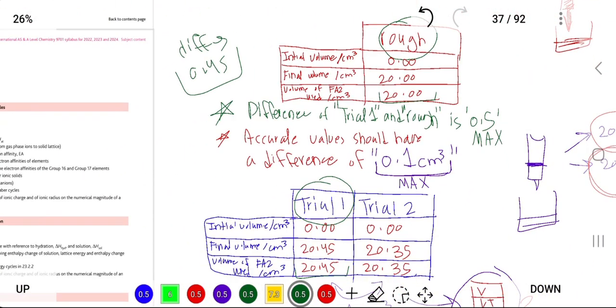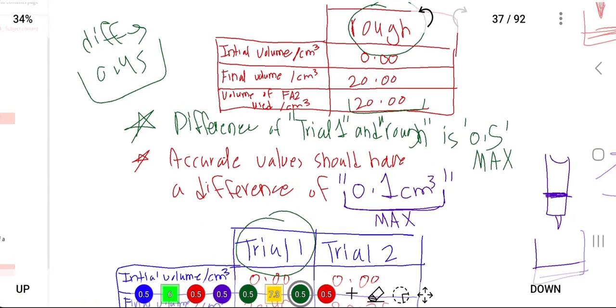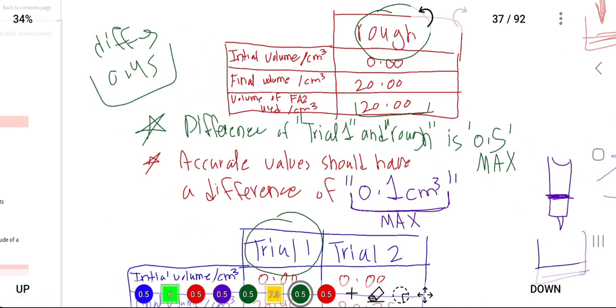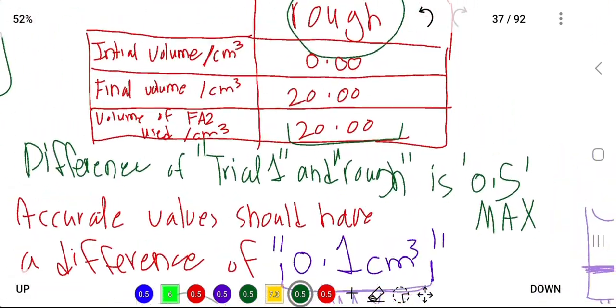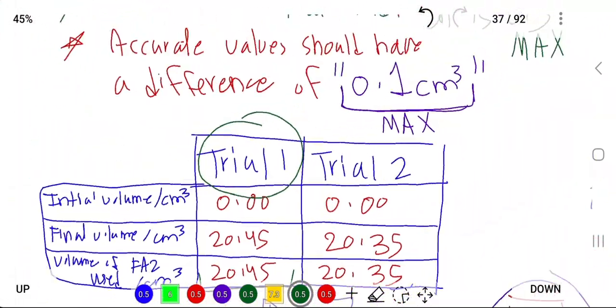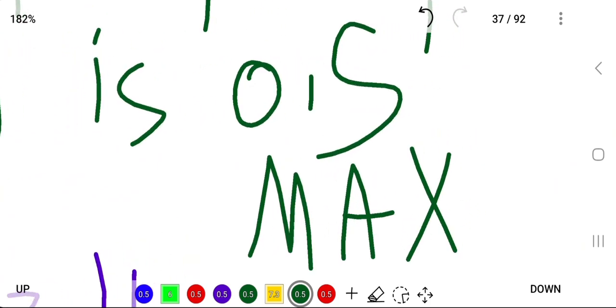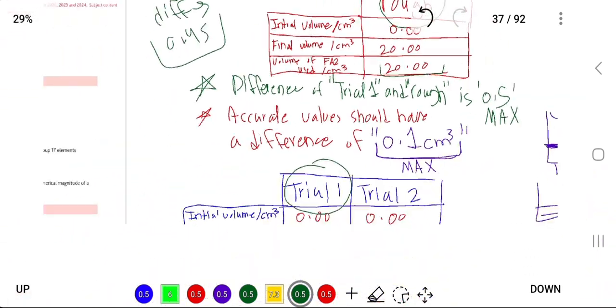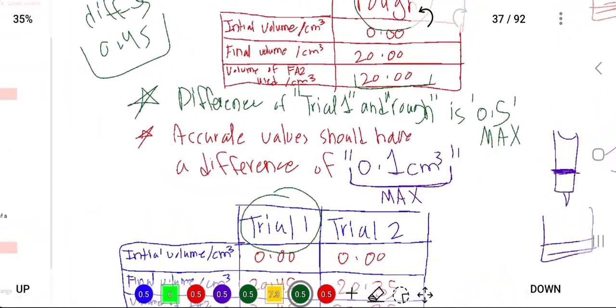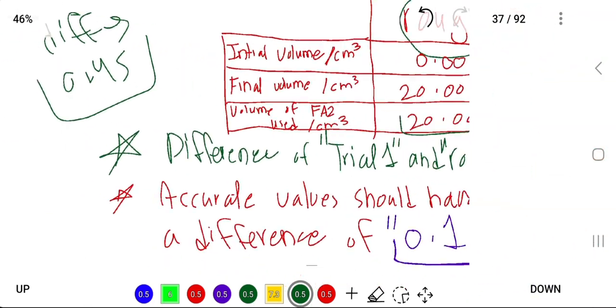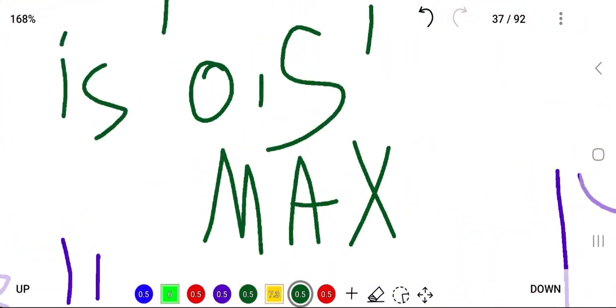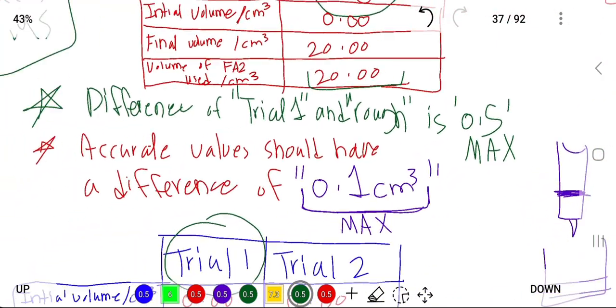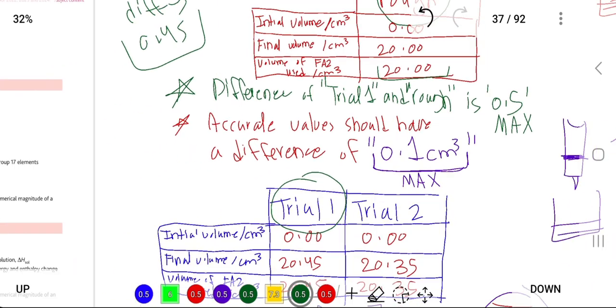So you in fact got the accuracy mark of the rough. It means that your rough is really not a random number, because your rough and the trial were within 0.5 max. Your difference between 20 and 20.45 was 0.45, which is within 0.5. So it really is correct.